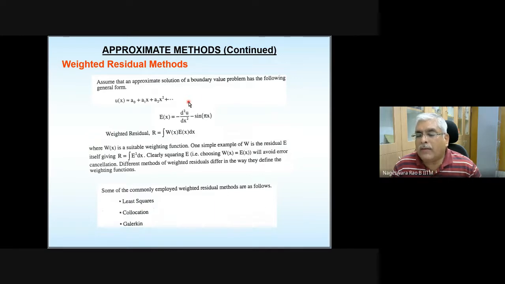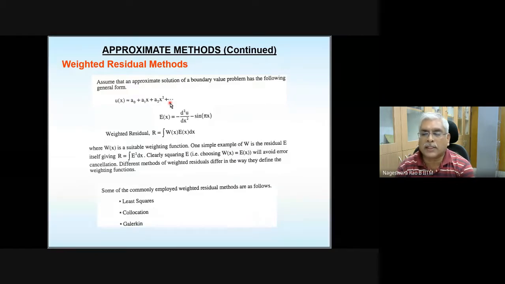When you are not getting convergence in the finite element method or some other approximate method, the reason could be that the starting trial solution may not be appropriate. It's not necessary that you start with this kind of polynomial trial solution. You can also start with a trigonometric trial solution. Please note that you need to go back to your basic mathematics.